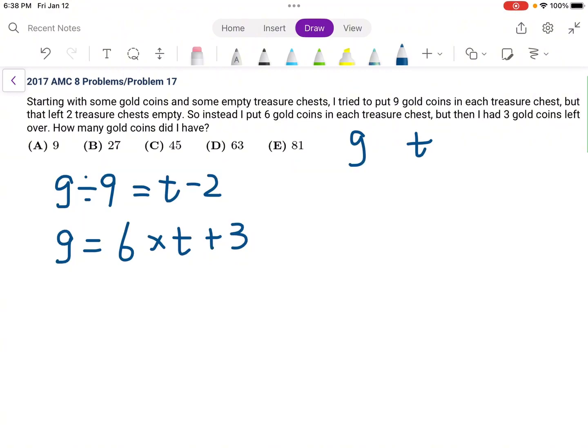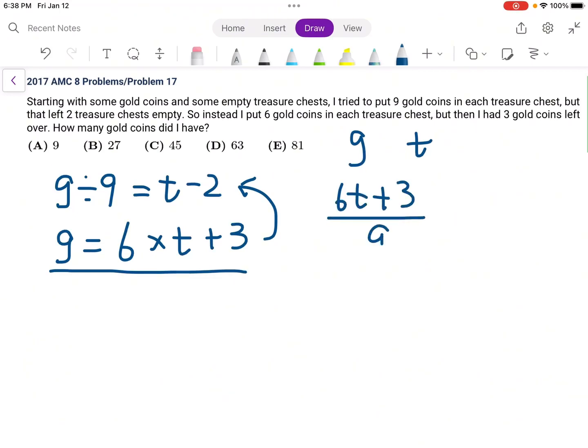Now we can substitute G in this expression into the first equation, and that will give us 6T plus 3 divide 9 equals T subtract 2. And we multiply 9 on both sides. To simplify, we get 6T plus 3 equals 9T subtract 18.